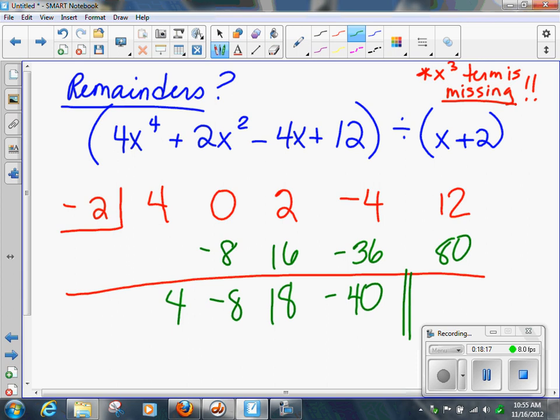And -12 plus 80 is 92. That is a big old remainder.